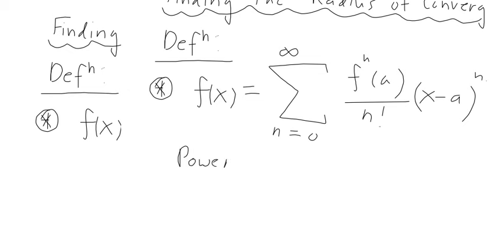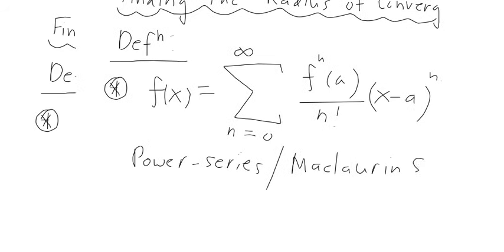So this is called a power series, or sometimes known as a Maclaurin series or Taylor series. I don't want to confuse you with terms, but in reality, a power series, Maclaurin series, and Taylor series are the same thing.